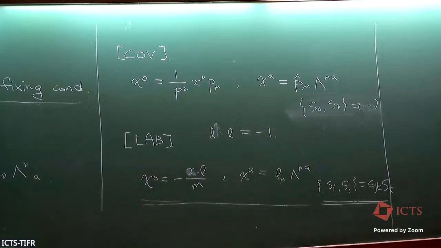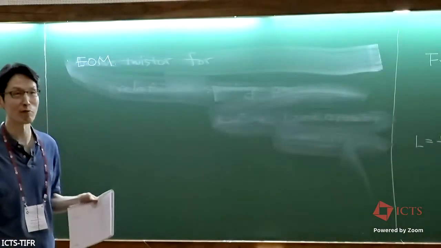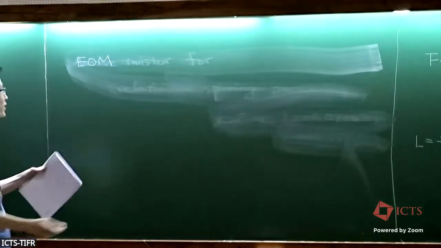So once you have the right variables and the right set of constraints, it's not too difficult to derive the equation of motion. Well, we are in a free theory, so you sort of know the answer for the solution to the equation of motion, even before writing it down.